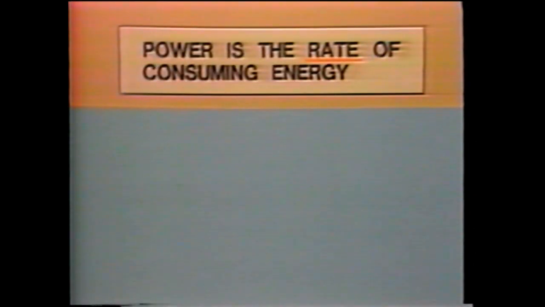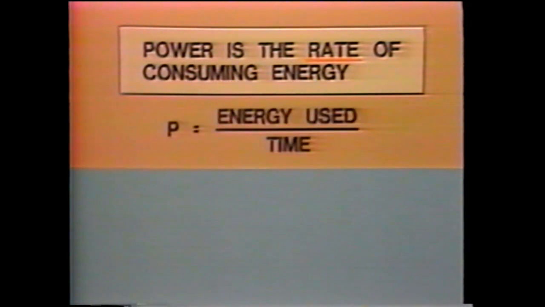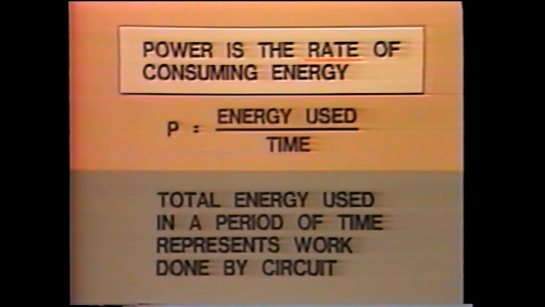It is important to distinguish between power in watts and energy in watt-hours. Again, power is the time rate of consuming energy and is equal to energy divided by time, while the total amount of energy used over a period of time represents the actual work done by the circuit.